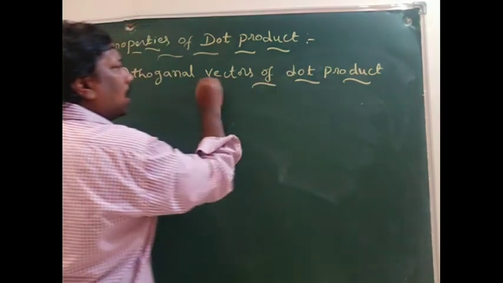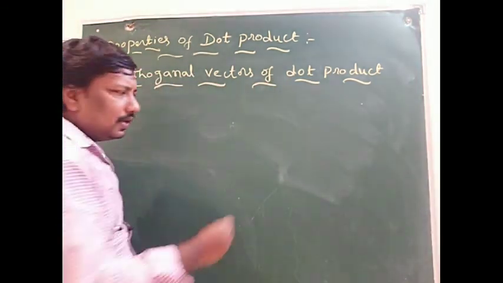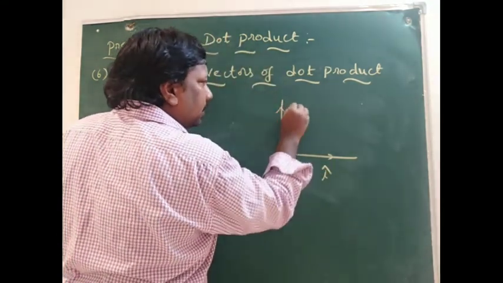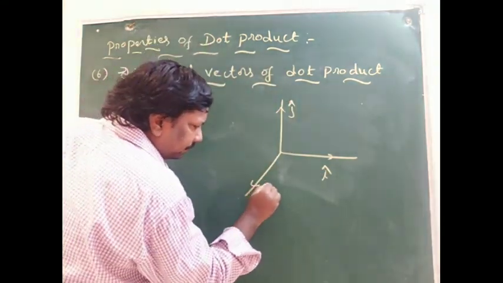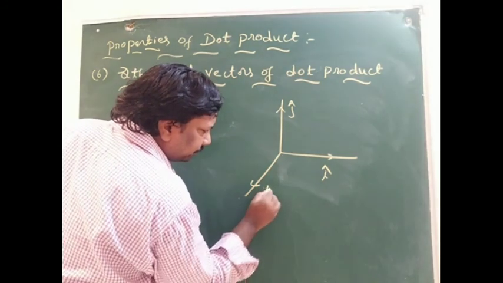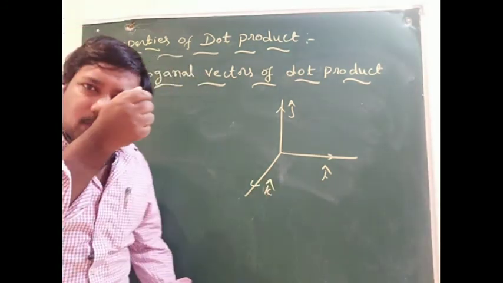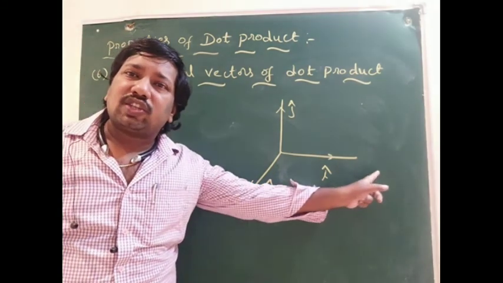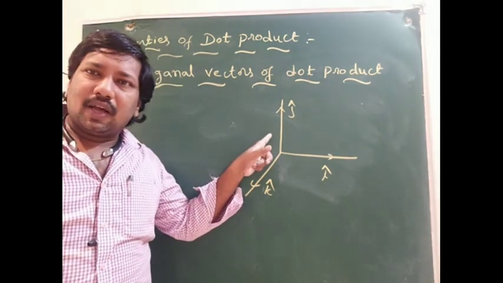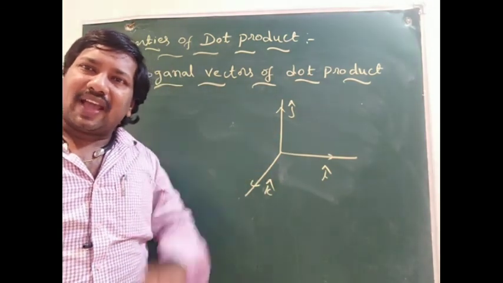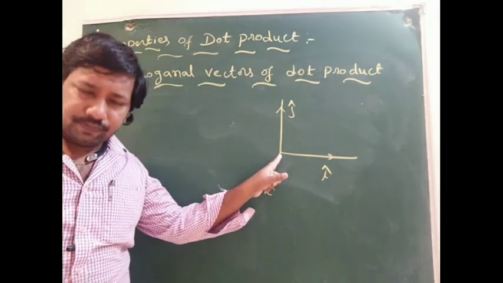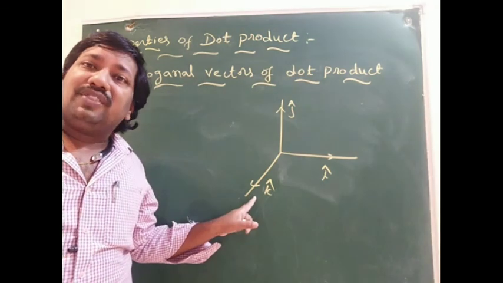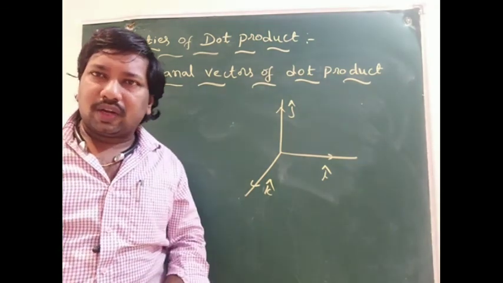Here, orthogonal vectors means, so these are the orthogonal vectors. Here I cap is the unit vector along the direction of the x-axis, j cap is the unit vector along the direction of the y-axis, and k cap is the unit vector along the direction of the z-axis. So these are the orthogonal vectors.